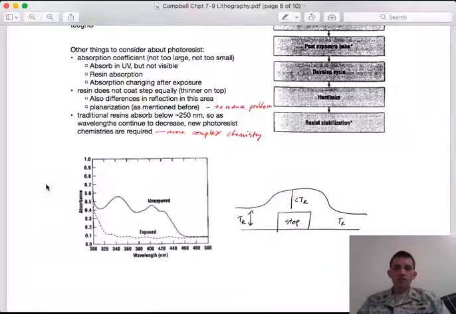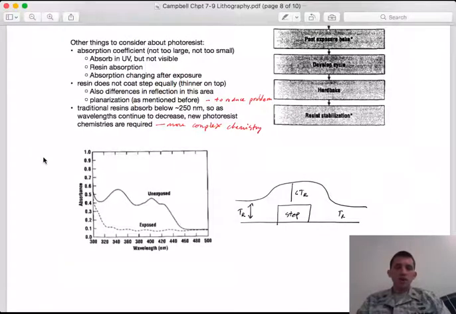You'll have a lot of that UV radiation transmitting through the photoresist, reflecting off the back surface, and then coming back out without being absorbed. And that also leads to long processing times. So you need to have the right absorption coefficient, not one that's too large or too small.